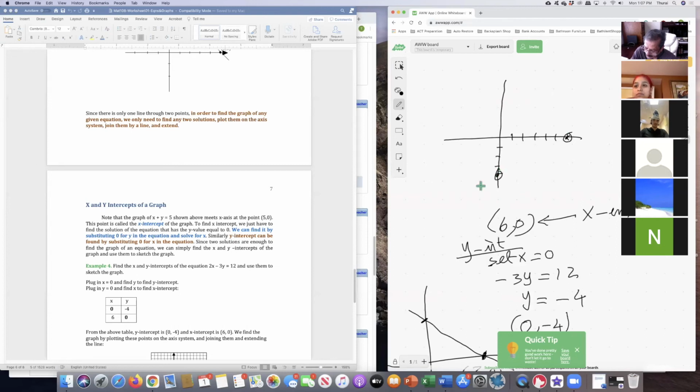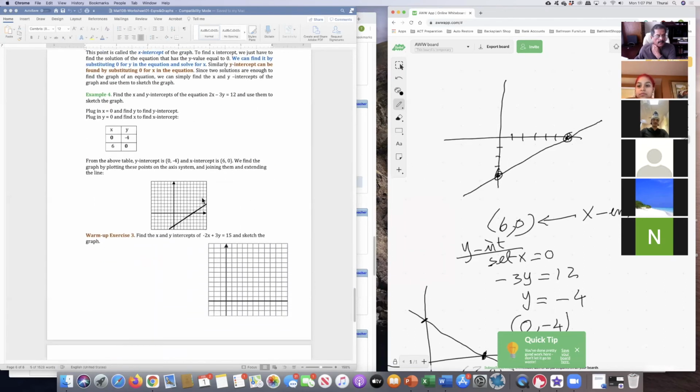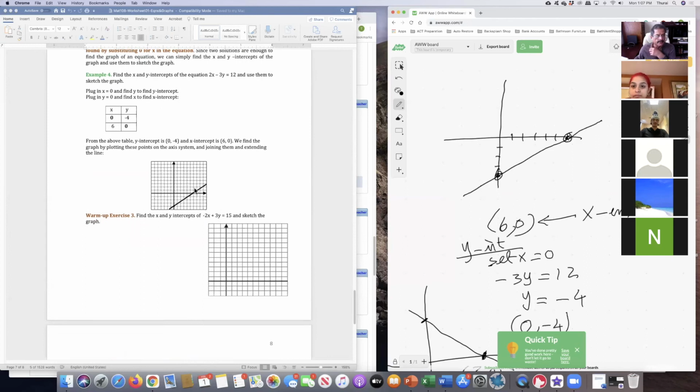And then join them and extend. That's your graph right there. But on WebAssign, if you use the line tool, then it'll extend it both ways. Only if you use the line segment tool, the array tool, it'll give you a line segment. So anyway, we found the x and y intercepts and graphed it.